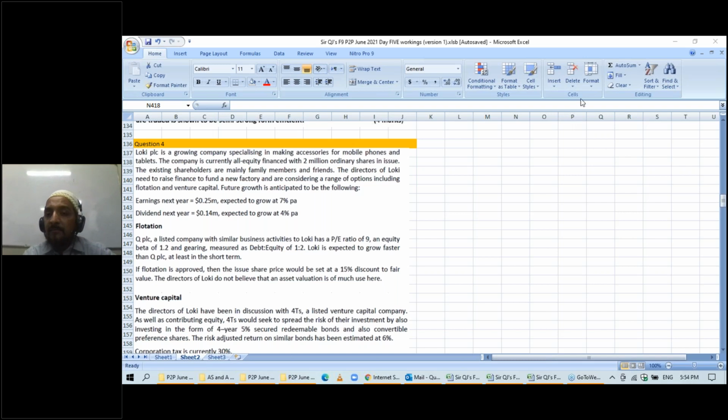Suppose in the end, you are left with 2 constructive response questions, one is calculation and one is theoretical. As I said earlier, I'm repeating this tip: do the theoretical part first, because if you do the theoretical part first, it will take less time to do it.